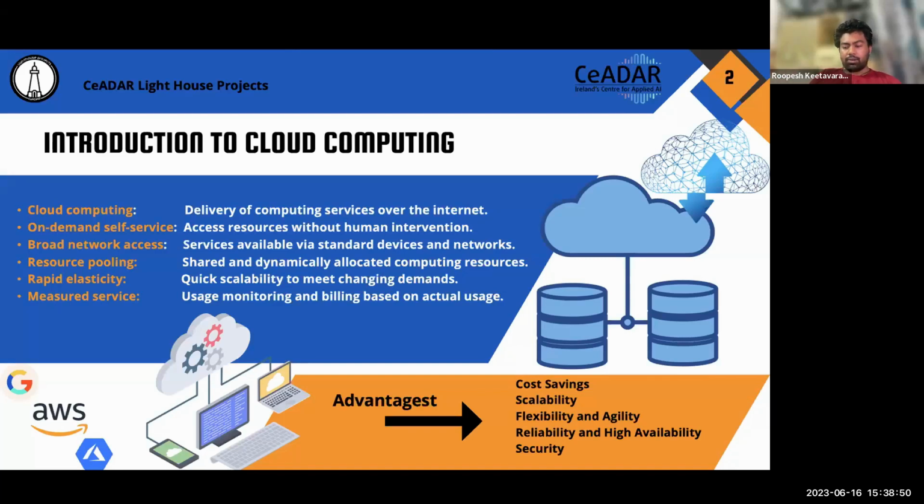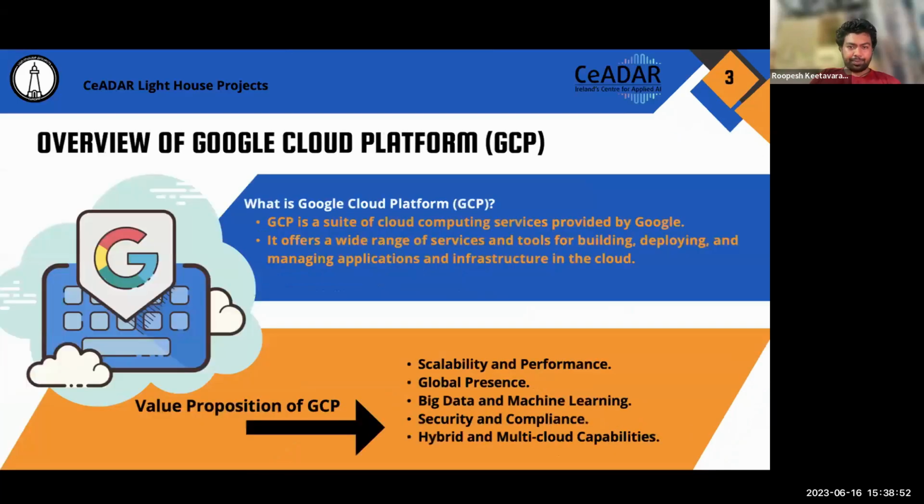So let's get on to GCP. This is a basic overview of GCP. GCP is one of the biggest cloud service providers we currently have, and they have a wide range of services, right from integration and pipeline management till the deployment and exposing to an endpoint.